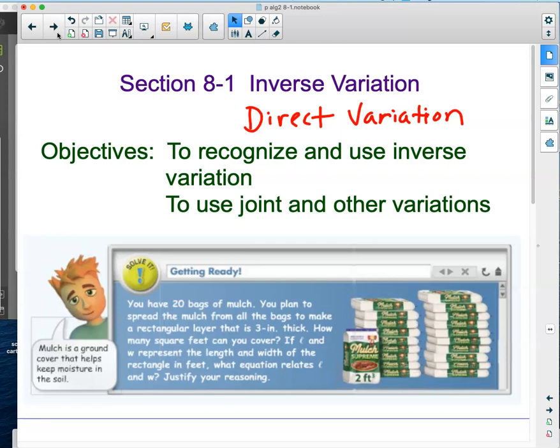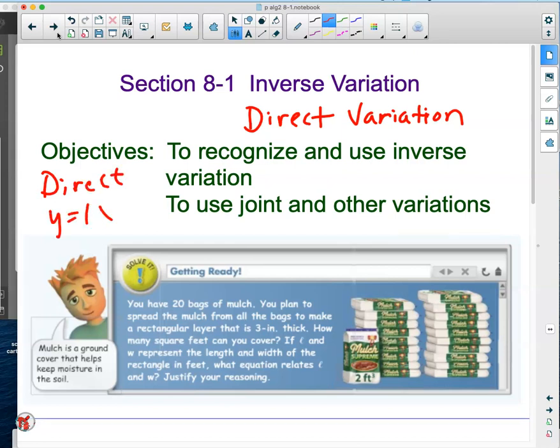So at this point, I hope you're saying, what's with this variation thing? Well, these are the most basic variations that we could possibly have. Let me give you an example. For direct variation, if you go to the dollar store, everything should be, although sometimes it isn't, $1.